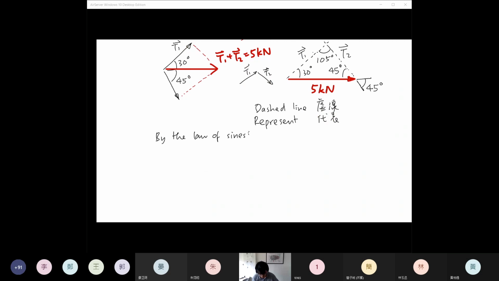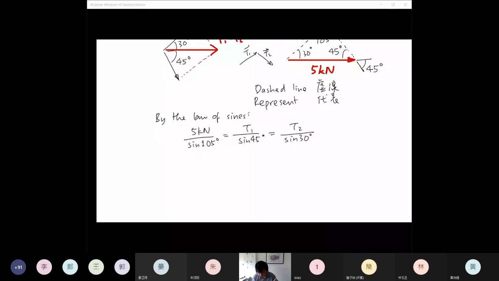So we have 5 kilonewton over sine 105 degrees equals T1 over sine 45 degrees equals T2 over sine 30 degrees. You can do your calculation and check it using your calculator.